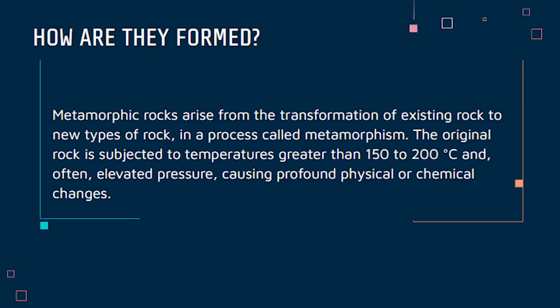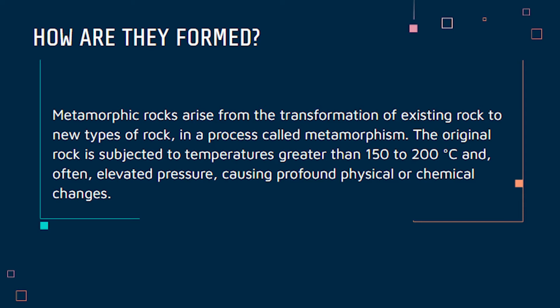Now, these rocks were there and they were just chilling, minding their own business. Then this intense heat came in, so they're subjected to high temperatures, usually ranging between 150, 200 and greater degrees Celsius. And because of this temperature, it causes a change both physically and chemically in the rock.